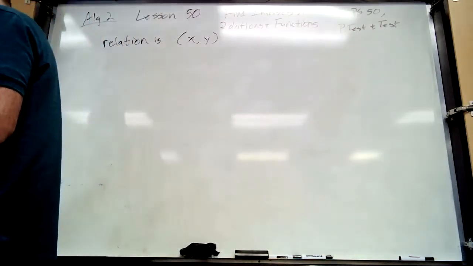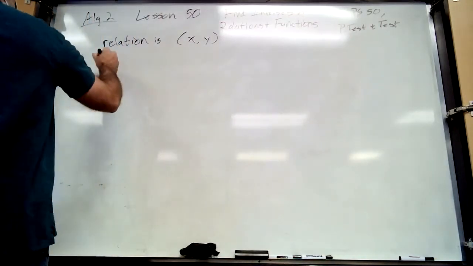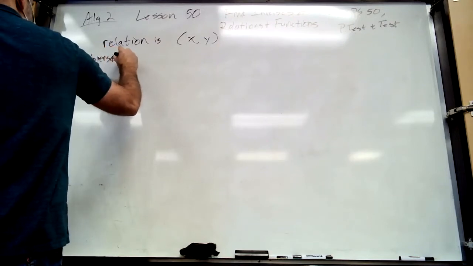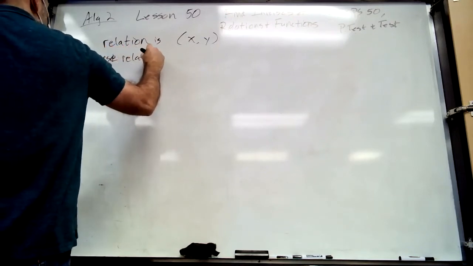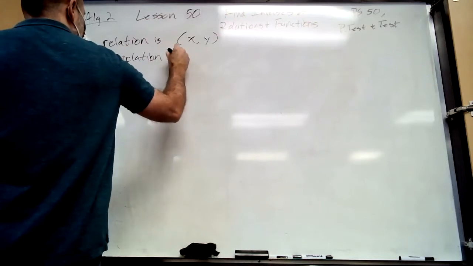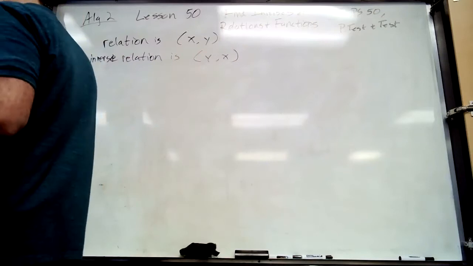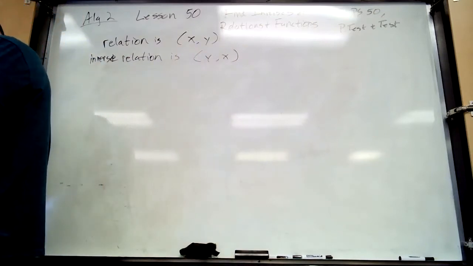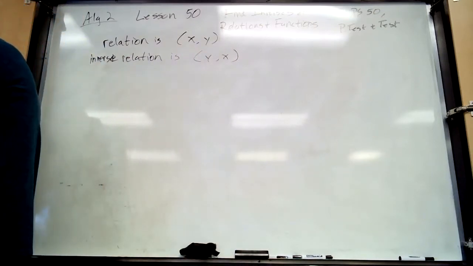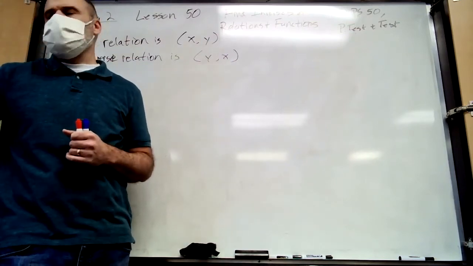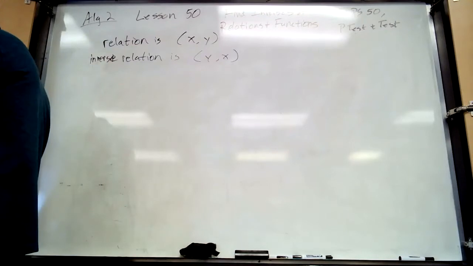Okay, so the inverse relation is just reversing that ordered pair. So the y goes in the x spot and the x goes in the y spot. Okay? Not too bad.